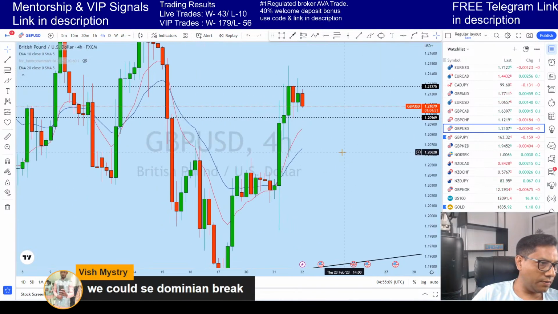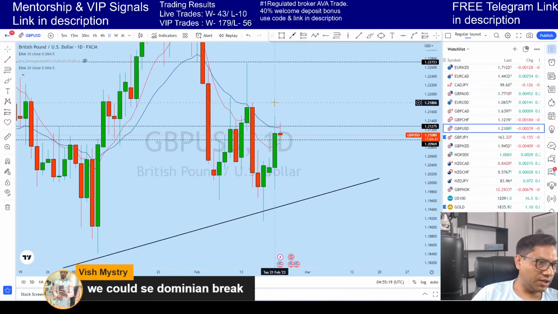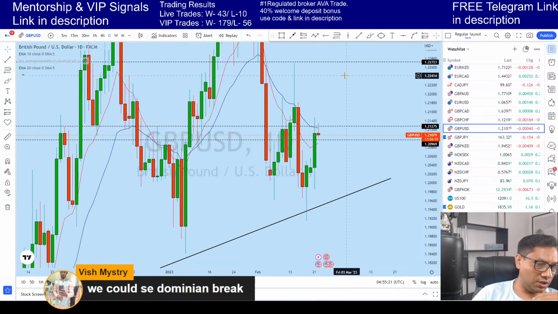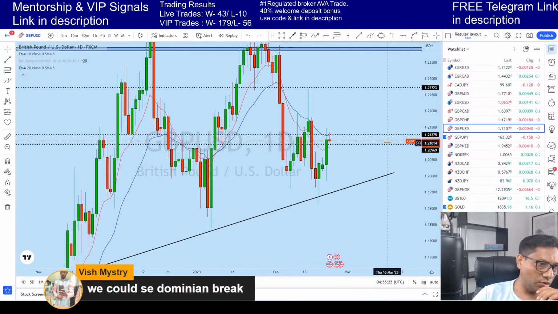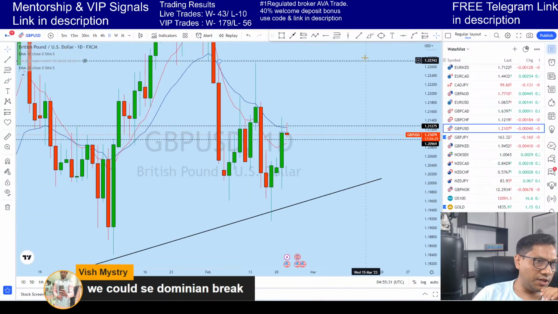It could even drop back to this level of support here. If you look at the daily, we see that the price has gone up along the direction of the daily resistance zone, and it is now a high probability for GBP USD to come back to this.